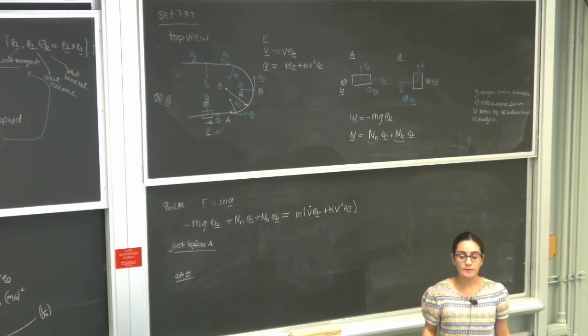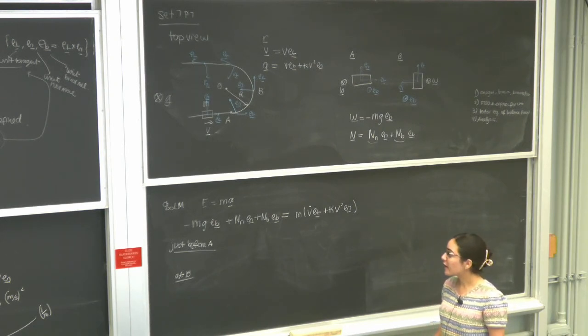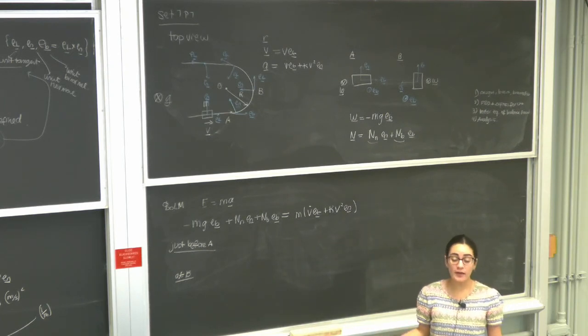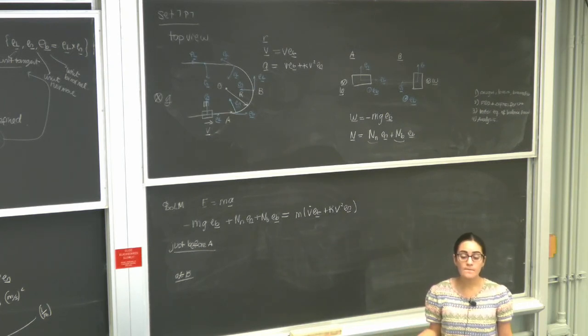No normal component along the n. Yes, that's right. Why? There's no curvature, right? Kappa.